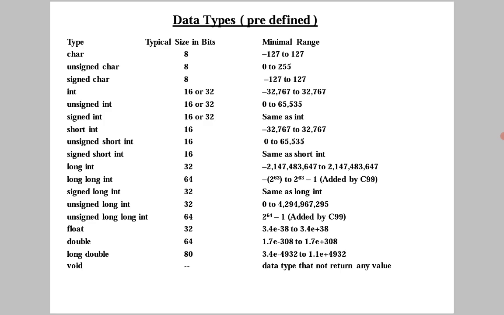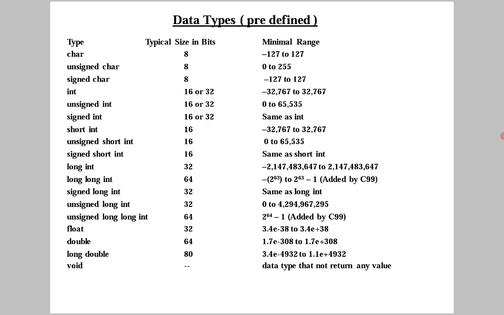A string is a set of characters, for example name, address. Some variables use numeric data like age, marks, and some use decimal data, for example percentage of marks. All these are the different data types used in the C language.